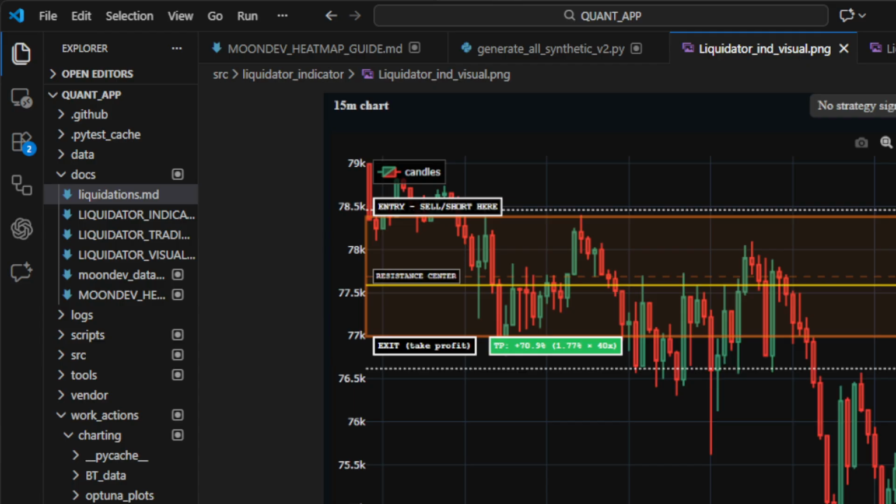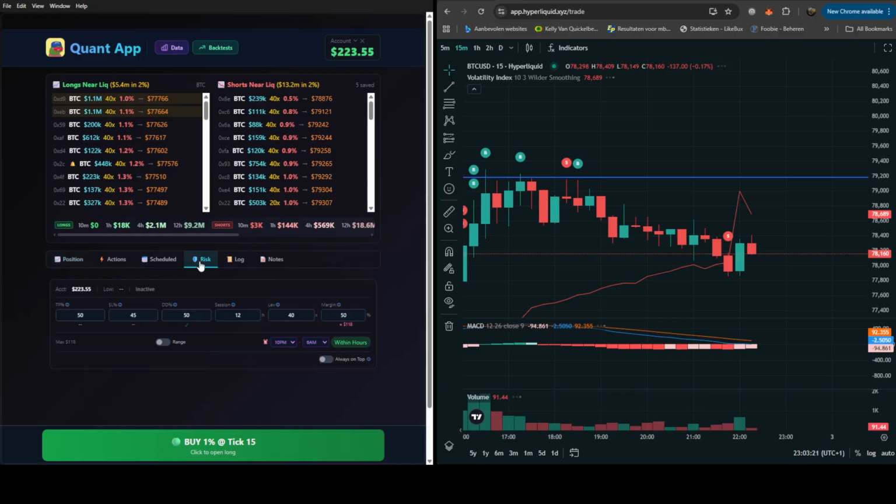And if you go all the way back down, then you set your profit here, and then in the quant app you set your risk to 90. But I use 50, because someone asked, what are your settings?